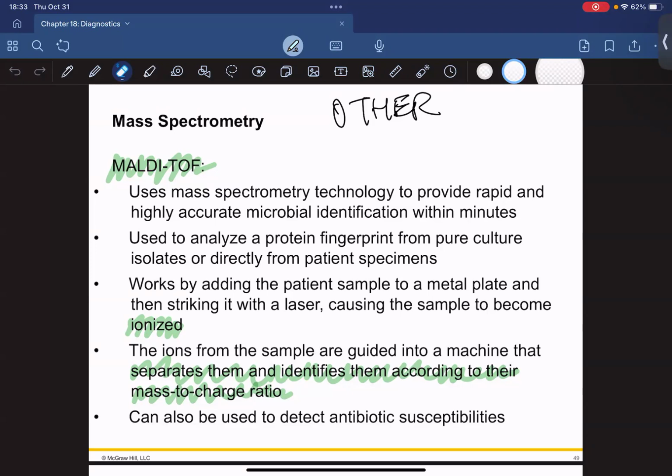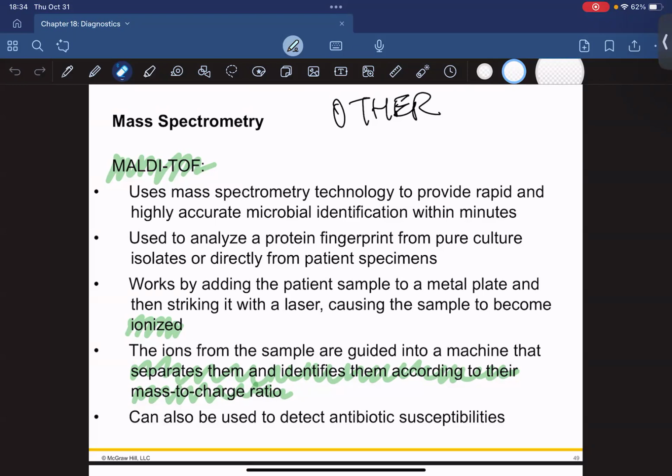The machine measures the charge of those ions you're knocking off. It measures how much time of flight there is, so how much time they spend in the air once they've been ionized. So mass, charge, time of flight, all of this stuff. And based on that, builds an exact chemical profile of all of the atoms and other submolecules in that sample, and then tells you what it is based on that. So we're looking at something at the absolute molecular makeup.